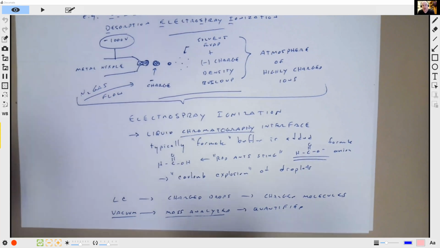There are many designs of mass analyzers, and some of them involve accelerating the ions through a potential difference up to a certain velocity, and then measuring how long it takes them to get through a drift tube, and that's called time of flight.